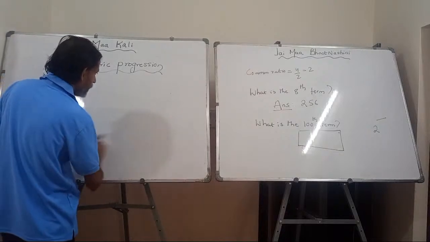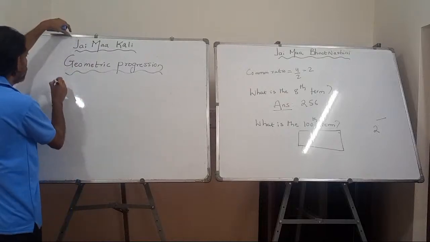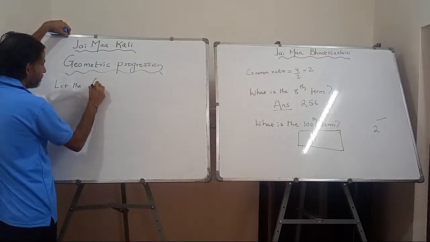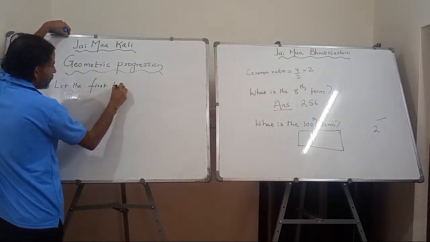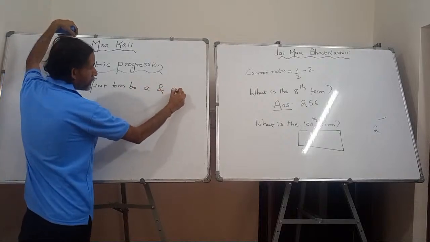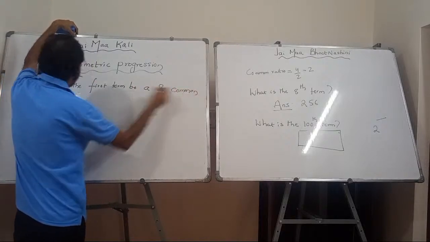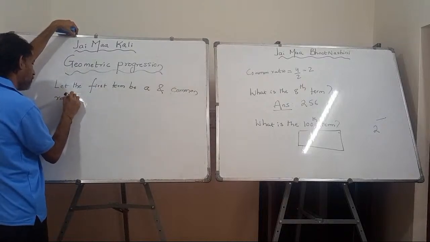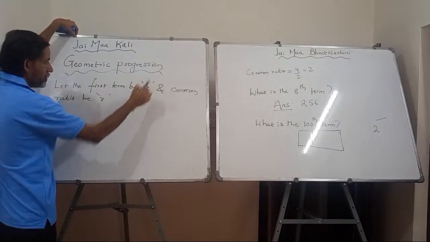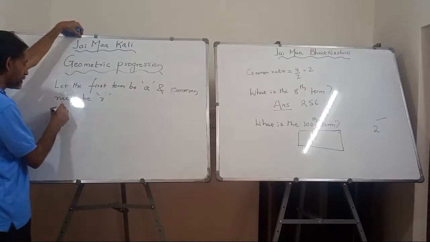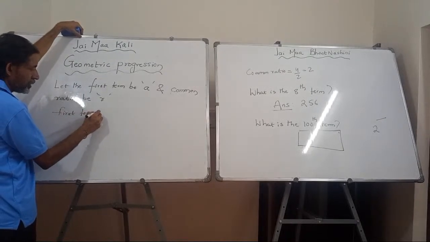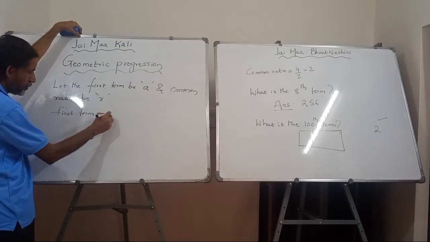So let the first term be a and the common ratio be r. Is it okay? So first term, Ananya, first term is a, very good.